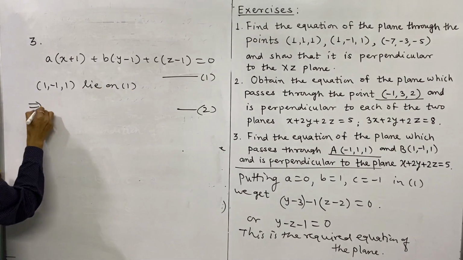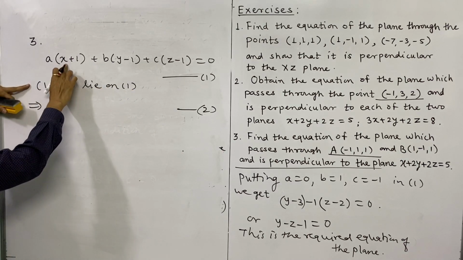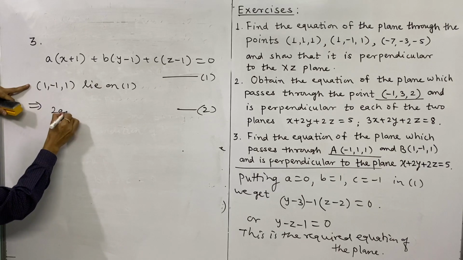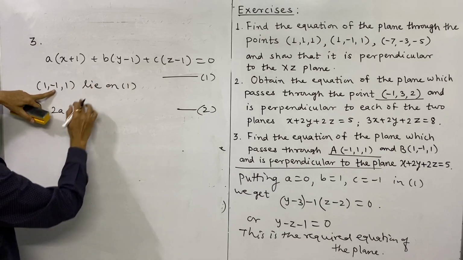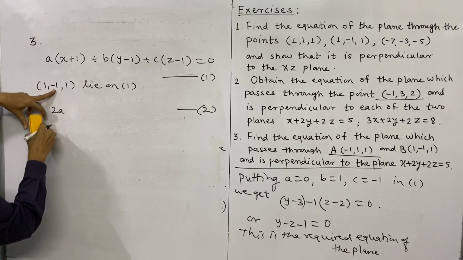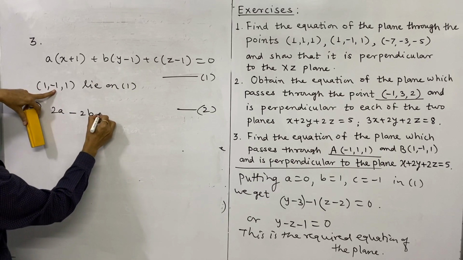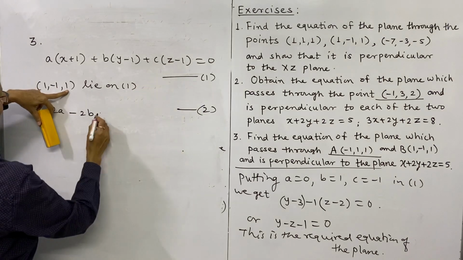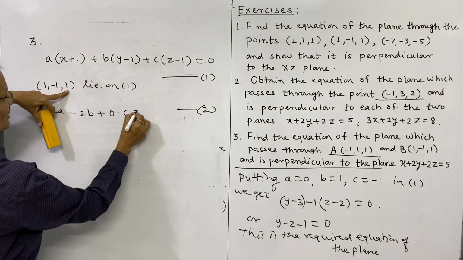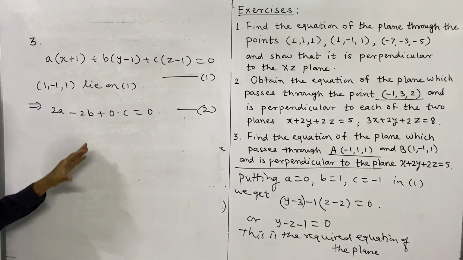So this implies a into 1 plus 1, that is 2a, plus minus 1 minus 1, that is minus 2b, and this is 0, plus 0c is equal to 0. That gives the second condition.